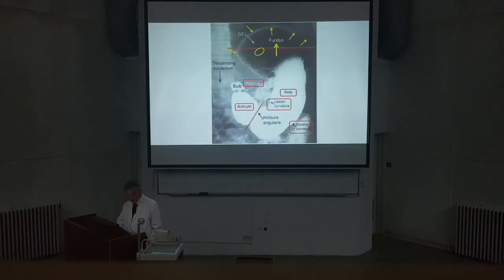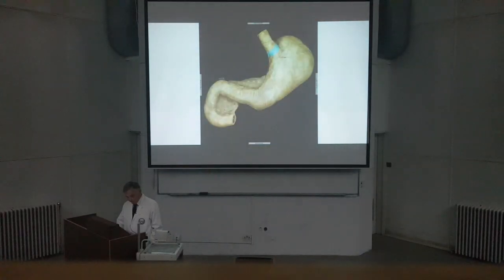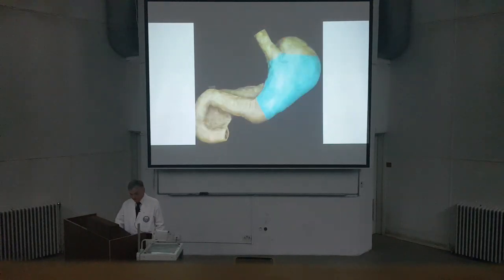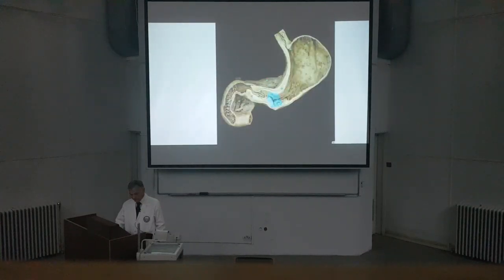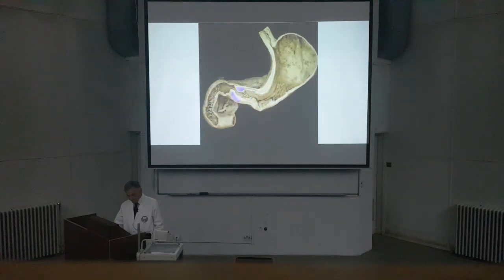This is previous knowledge. Again, going through previous knowledge: cardia, fundus, body, pyloric area, greater curvature, lesser curvature. Stomach is opened, and you can see that this is the pyloric antrum, and this is the pyloric sphincter, this is the pyloric canal.